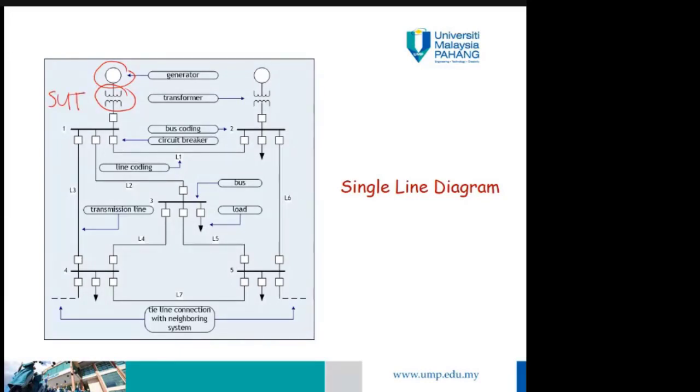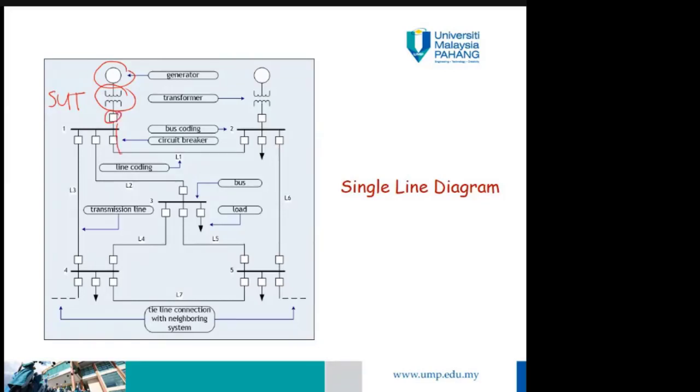We step up the voltage before we transmit this power from the generating station towards the load center, because usually the generation station is placed far from the load center. Then we have to transmit power through a long transmission line. That's why we use high voltage transmission.